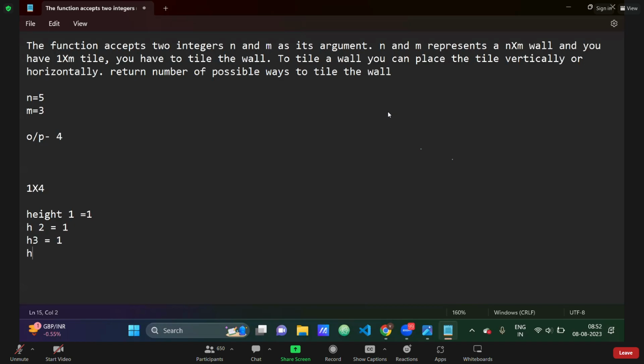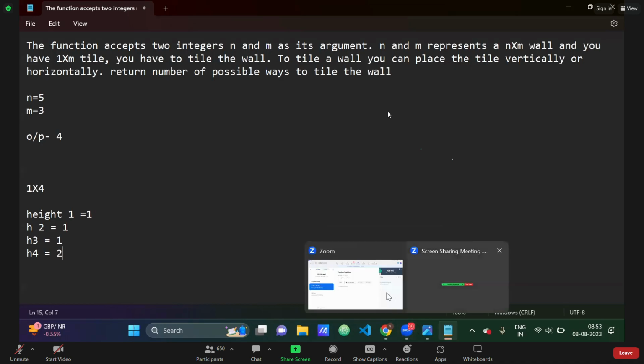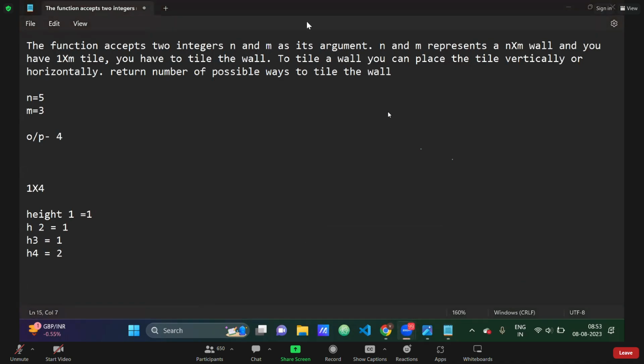For height 4, which is equal to m, you will be having two possibilities. Understood this point, everyone? You can check it for the input. This is the standard until m.